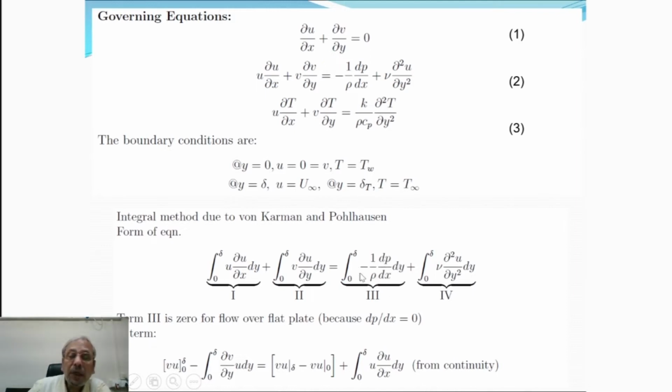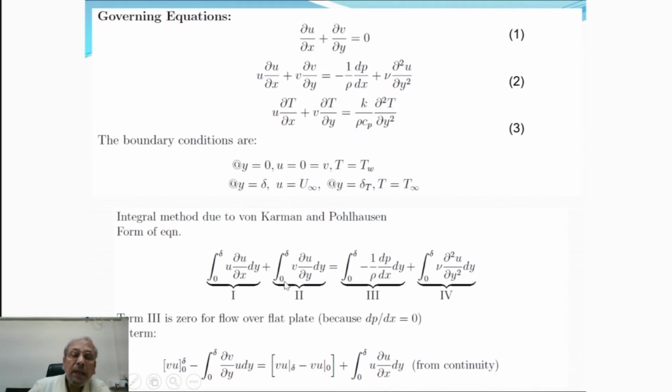So the third term we can dispense with, since it is flow over a flat plate, a zero pressure gradient surface. Otherwise, if it is a curved surface, we will have dp dx accordingly. So here we are neglecting dp dx, and the second term is basically v del u del y dy.